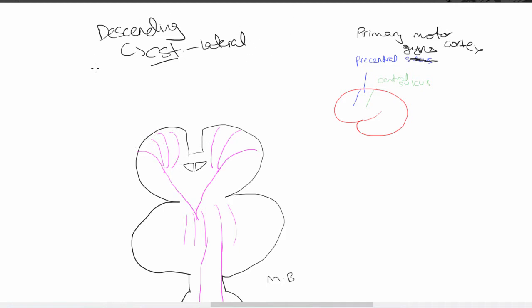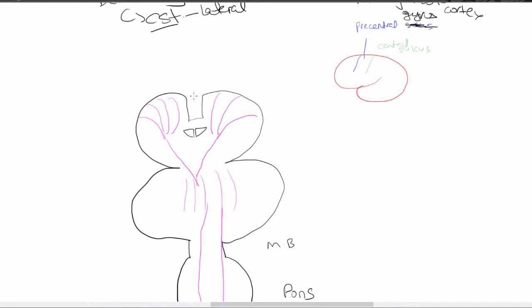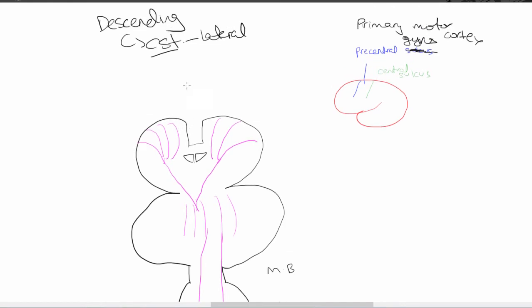So obviously it's a descending pathway. We're going to work our way from the top to the bottom. With the ascending ones, we started from the spinal cord going up, but now we're going to go top to bottom. So starting from the primary motor cortex, the axons will go through white matter, because that's what white matter is, it's axons.